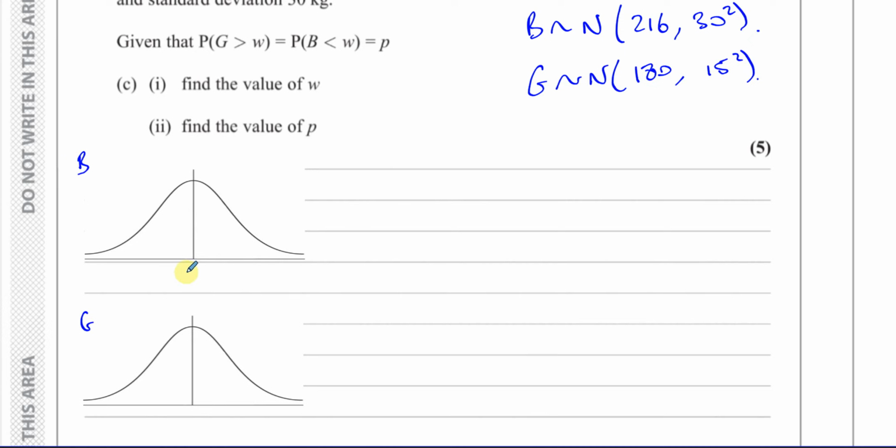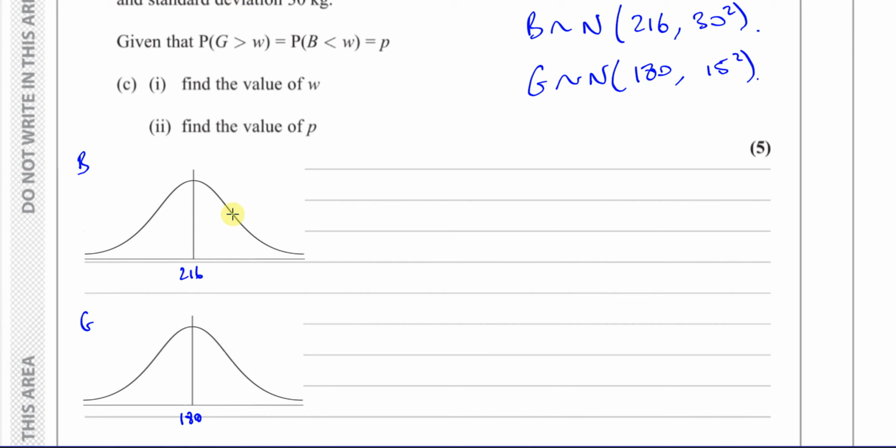The buffalo has a mean of 216. The gorilla has a mean of 180. Okay, and they're telling us that there's a value W where the probability that the gorilla has a weight greater than that is the same as the probability that the buffalo has a weight less than that. Okay, so those W values have to be the same.